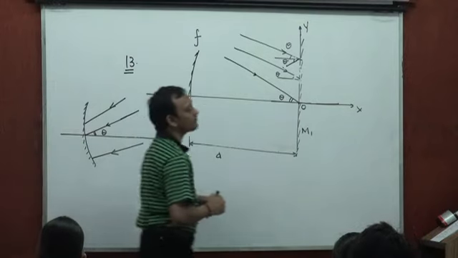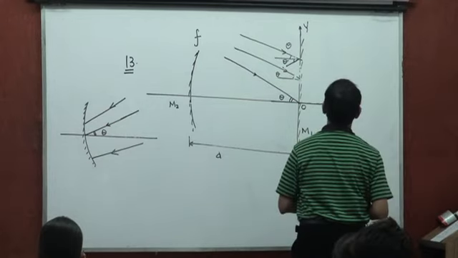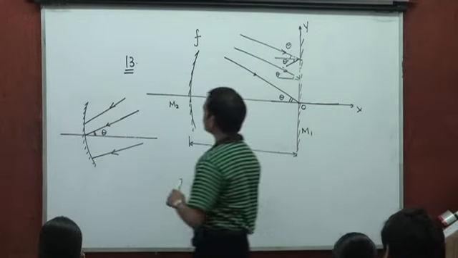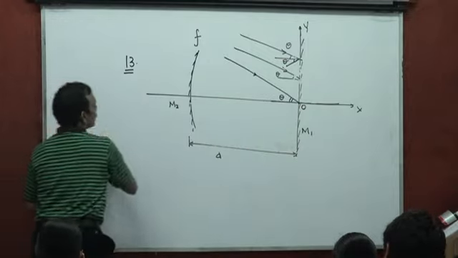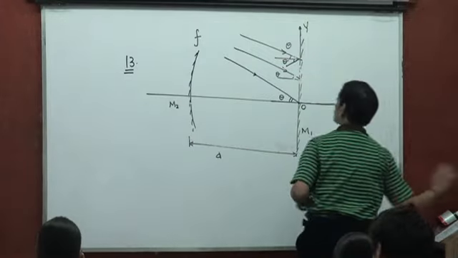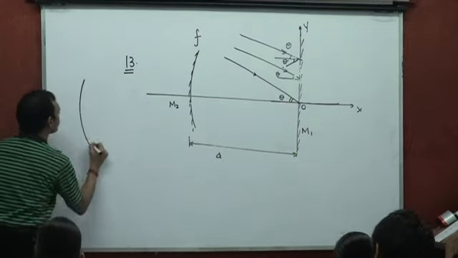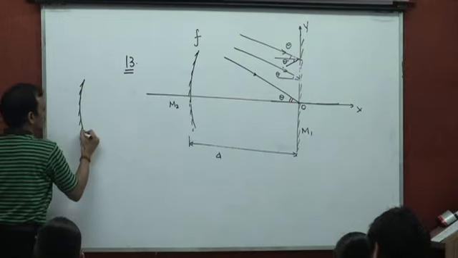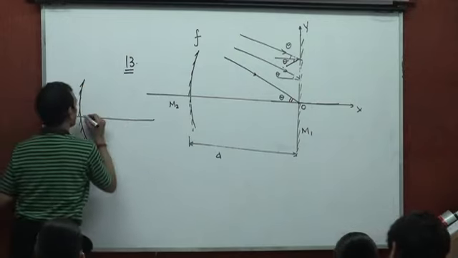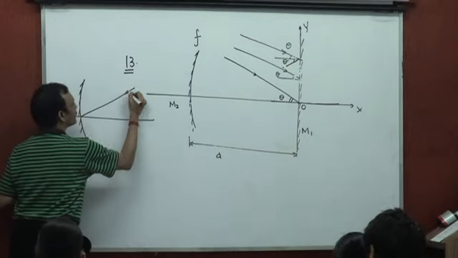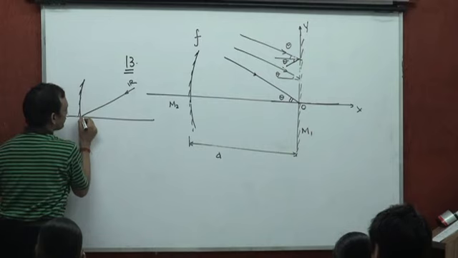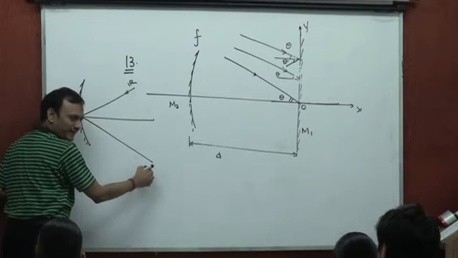These rays of light after reflection from the concave mirror, let's say just take one of the rays, incident ray. After reflection, the image will form on the reflected ray.